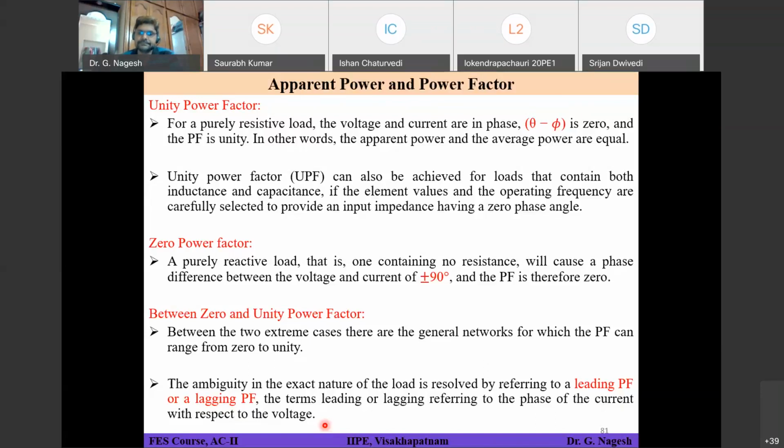So an inductance will create zero power factor with the current lagging the voltage. Capacitor current will lead the voltage.